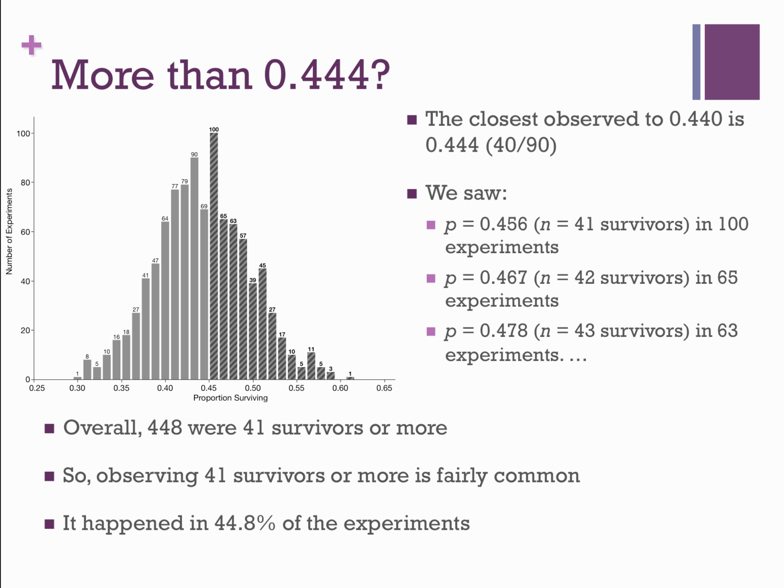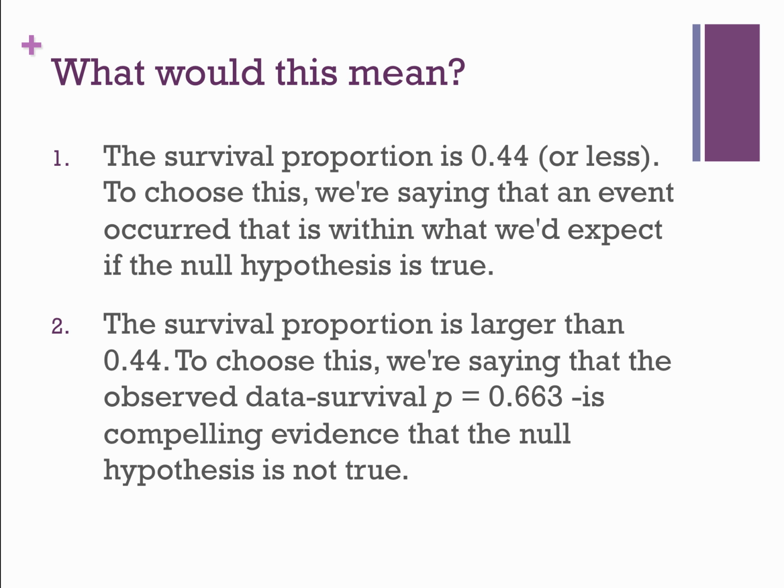If we think about the number of experiments that had a survival rate more than 0.444, from our middle there, the 69 bar, to the 100 or larger, we see that in 45% of the experiments, the proportion surviving was actually larger than our null hypothesis. So clearly, you can see survival rates that are larger than 0.44. It's not uncommon.